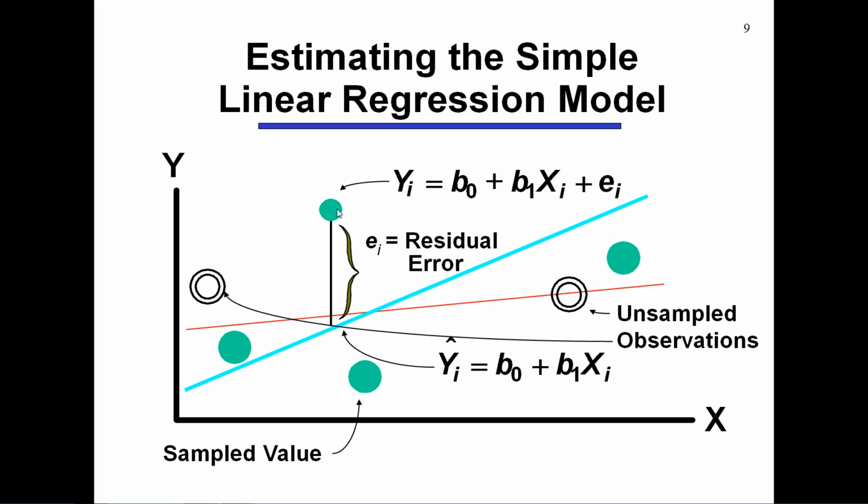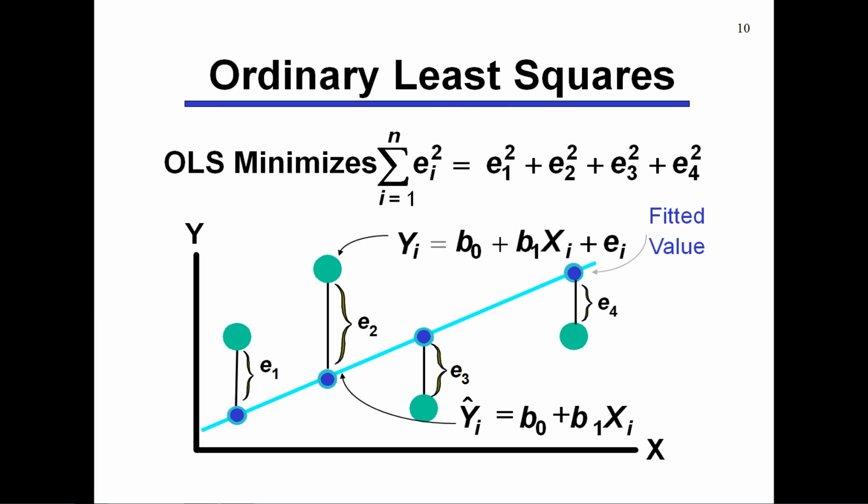That is the difference between the observed values and the fitted values of y. And in order to fit the line, one method that we might use is this notion of ordinary least squares fit. And the ordinary least squares fit says, let's fit the line so that the distances that the points in our sample lie from the line are minimized.